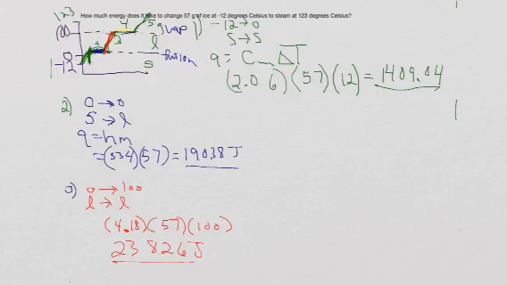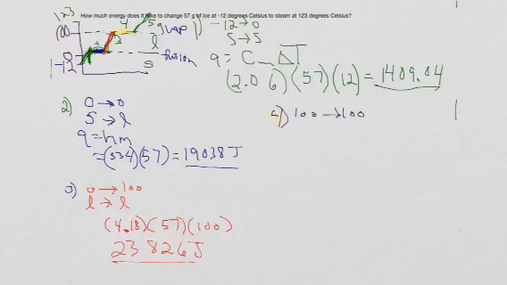Okay, then line segment 4. I don't know if yellow will show up. That's going to be hard to read, so I'll just do the number 4 with the yellow on it. This one, we are going from 100 degrees to 100 degrees.